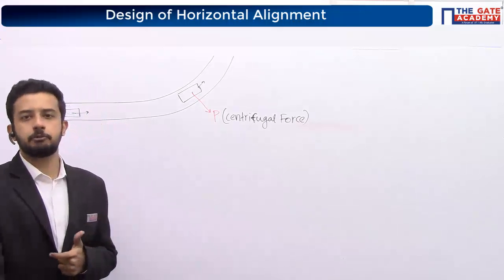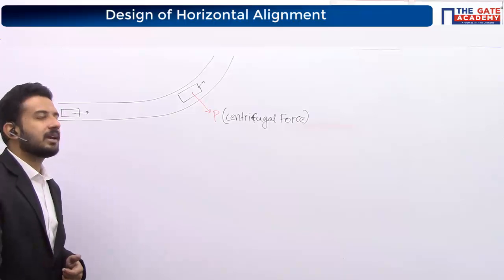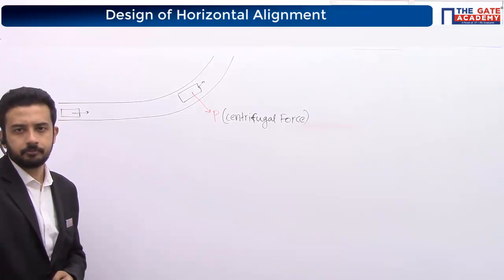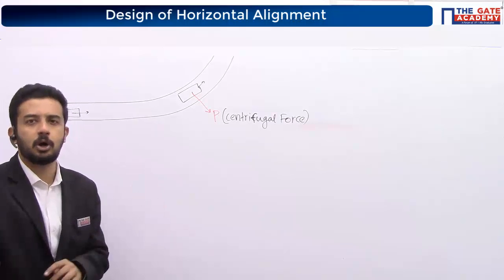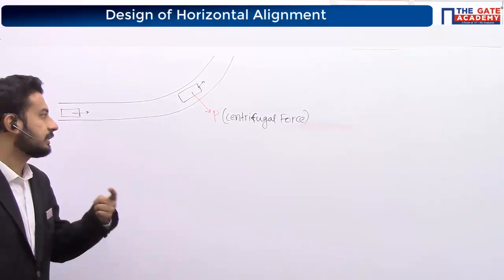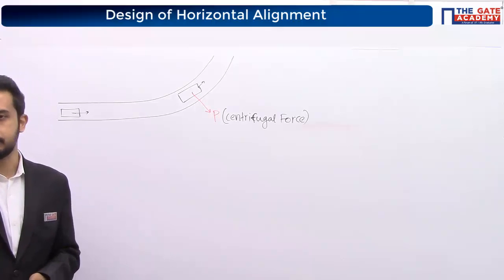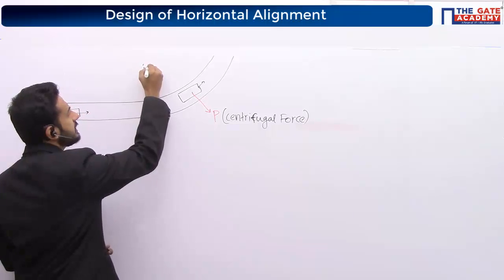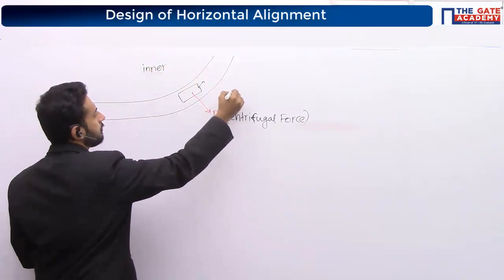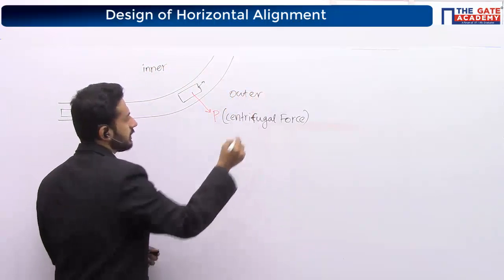Because of the centrifugal force, the vehicle will experience some problems. Mainly two problems. One is there is a chance of overturning of the vehicle. The next thing is skidding of the vehicle. Your vehicle may overturn. So you can tell that this is the inner side of the curve and this is the outer side of the curve.